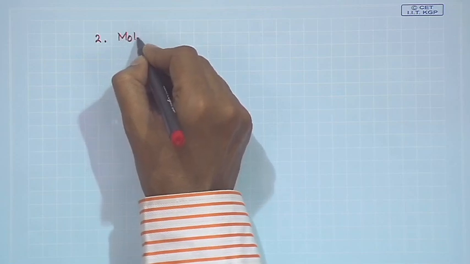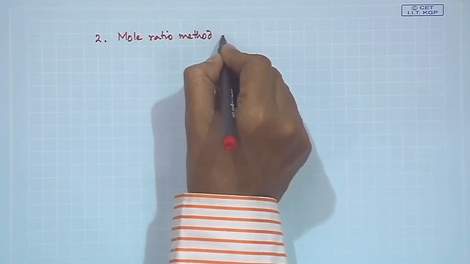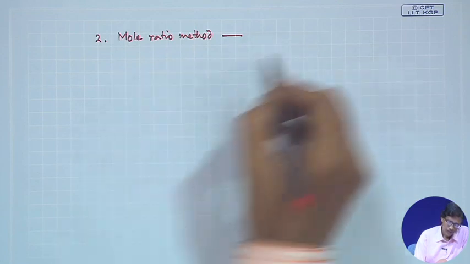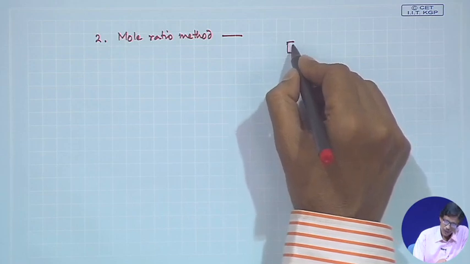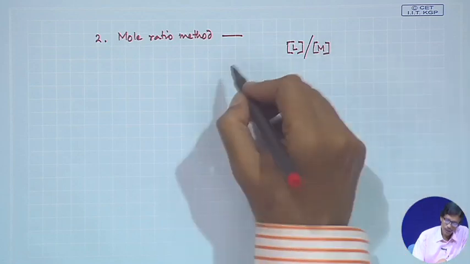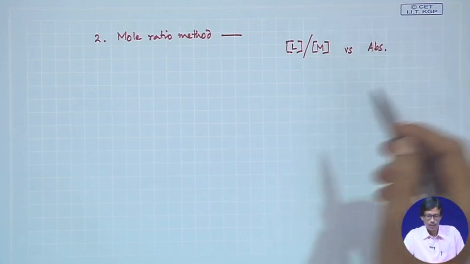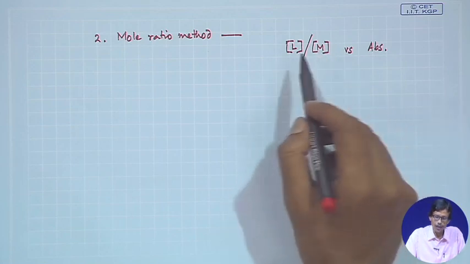In a similar fashion, the second technique we can use is the mole ratio method. In this method we have M and L, and we plot the ratio of the ligand to the metal ion versus absorbances. That means we can plot either ligand versus metal ion or metal ion versus ligand.